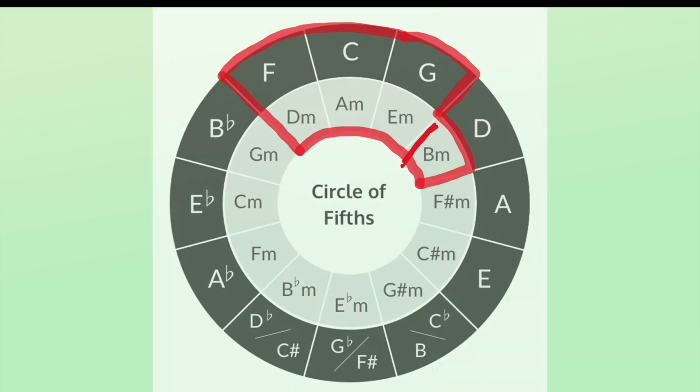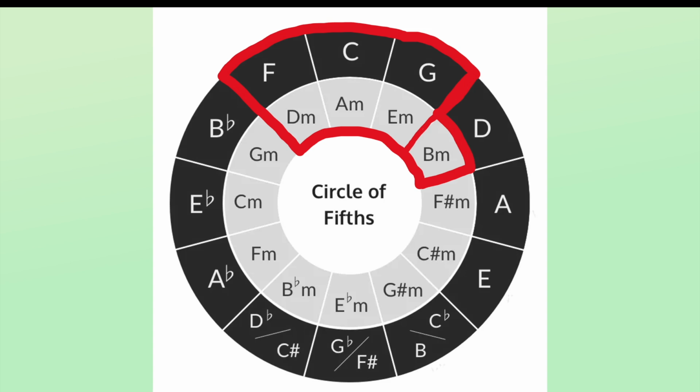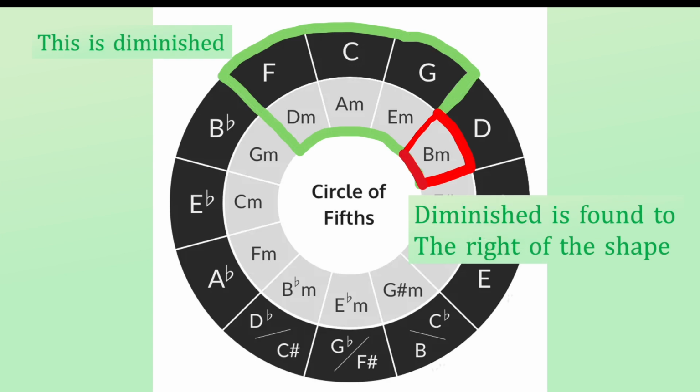For example, I have highlighted the C major scale, aka the C major key. The outer notes, which are F, C and G, are your major keys. D minor, A minor and E minor are your minor keys. You will notice that B diminished is on its own at the side.